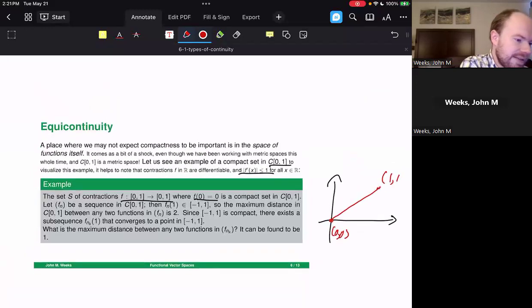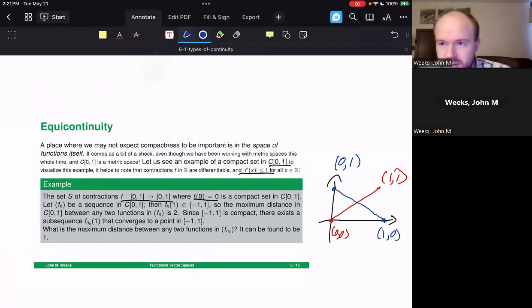They might connect instead 0, 1 to 1, 0. That is allowed because of the absolute value for their derivatives. So they can go to -1 as well. And something else interesting is that their y values are stuck between 0 and 1. Their y values cannot go beyond that point.